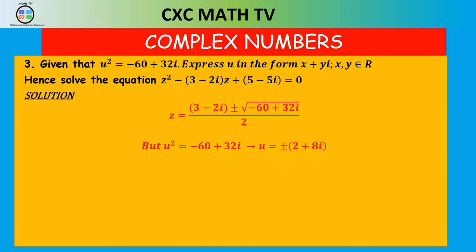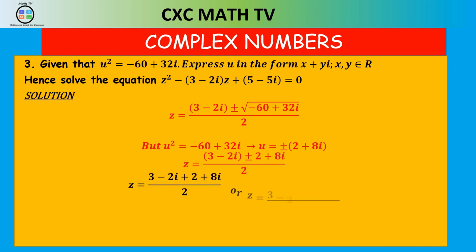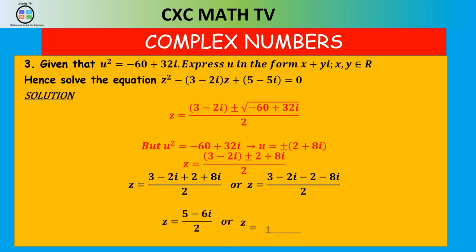When you simplify, you end up with 3 plus 2 is 5, and so that first part is z equal to (5 plus 6i) over 2, or 3 minus 2 is 1, minus 2i minus 8i is minus 10i over 2, and so we get z is (1 minus 10i) over 2. And those are the two solutions of that quadratic equation there.